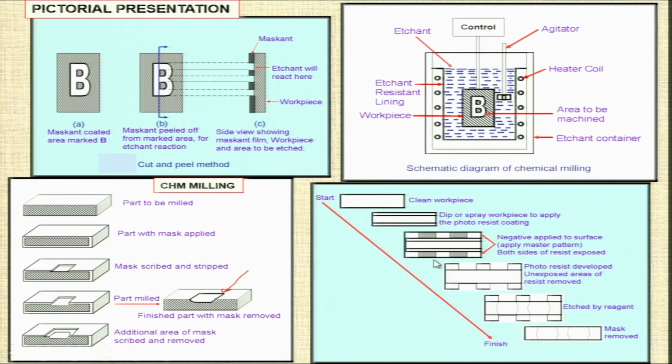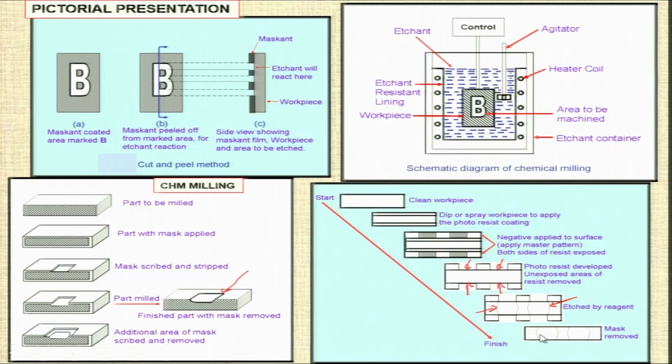Now you can clearly see photoresist developed and exposed areas of the resist removed. So these are the areas where there is no photoresist, from where the material is to be removed. Now you can see over here, this is being machined, and this is the curved shape that you are getting over here, like this, after removal of the material by the etchant.